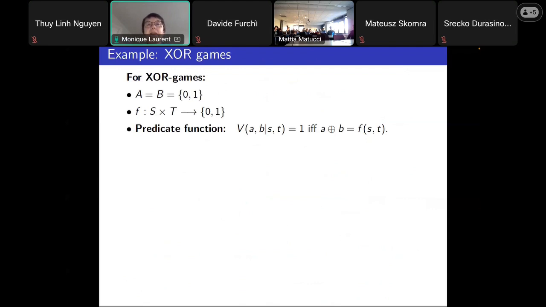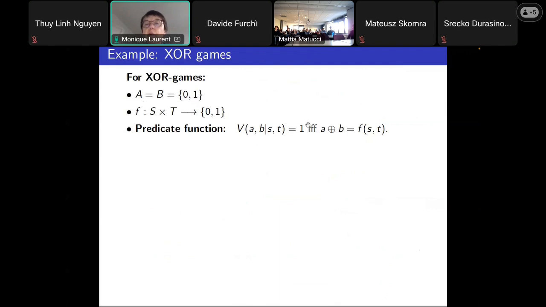A classical class of non-local games arises from the so-called XOR games. In a sense, the simplest one can think of. The answers are just two possibilities, 2 bits, 0, 1. And the predicate function is defined in this way.